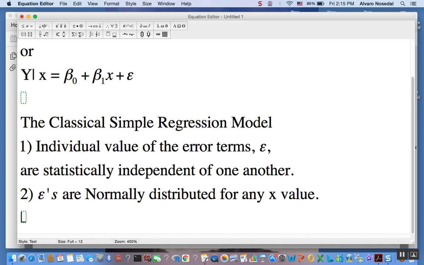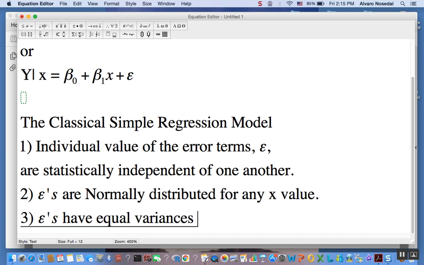So in this case we could just say that epsilons have equal variances for all values of x, the predictor.